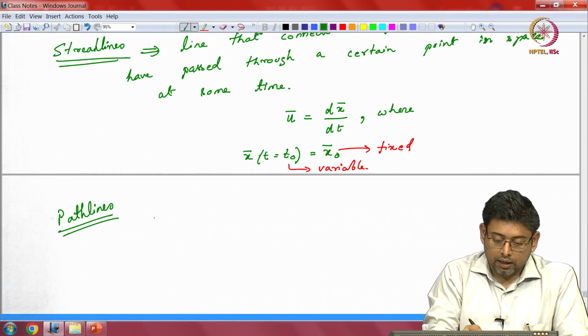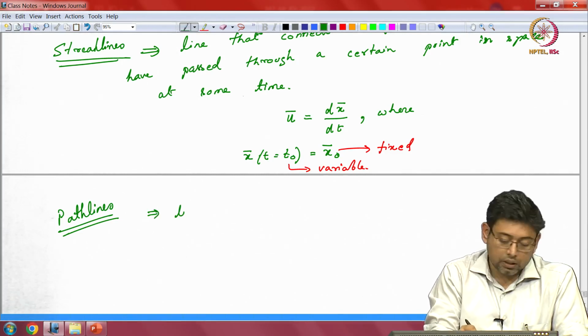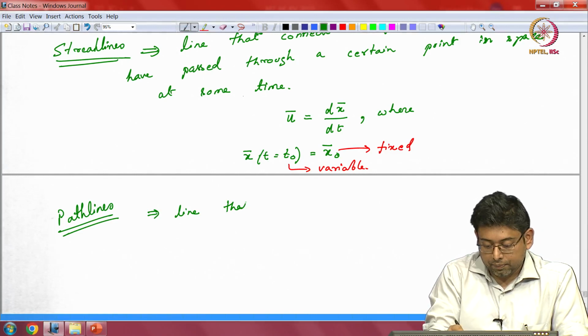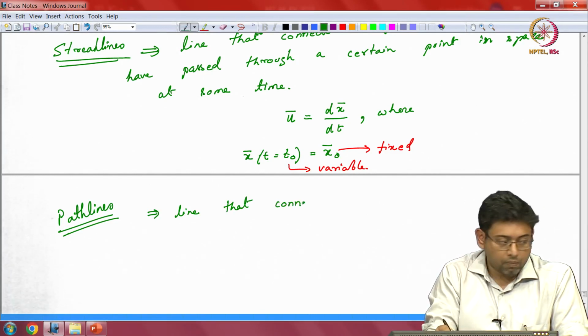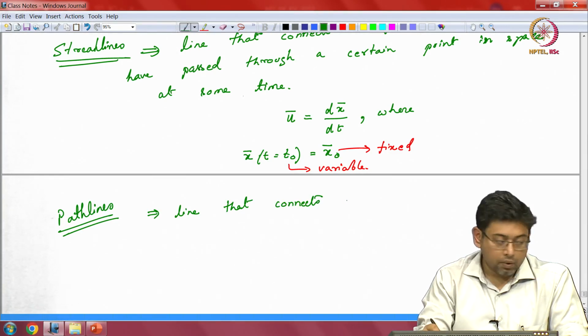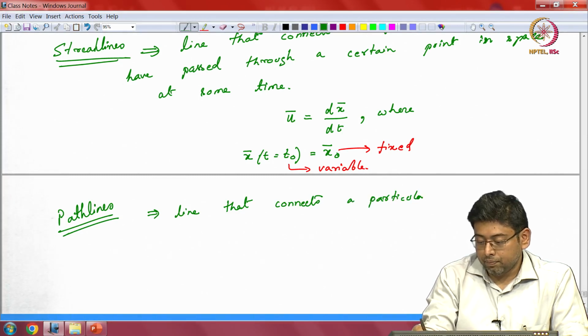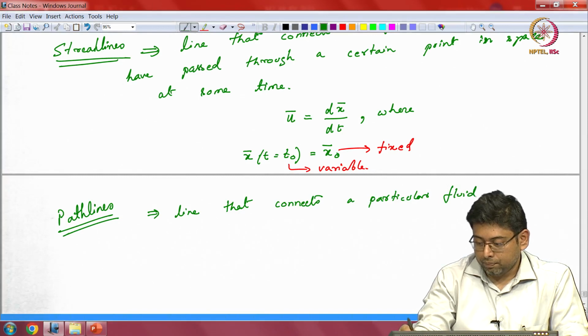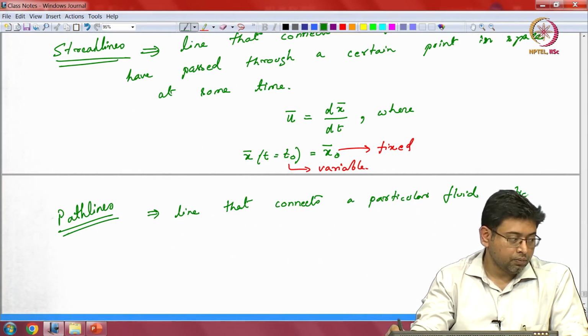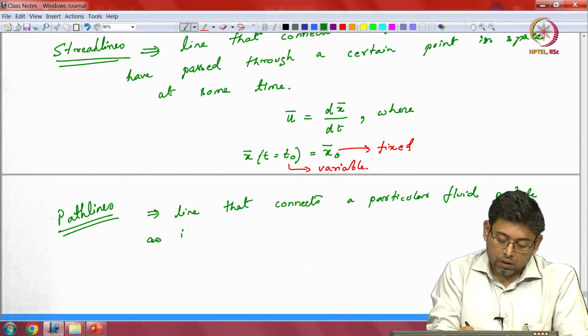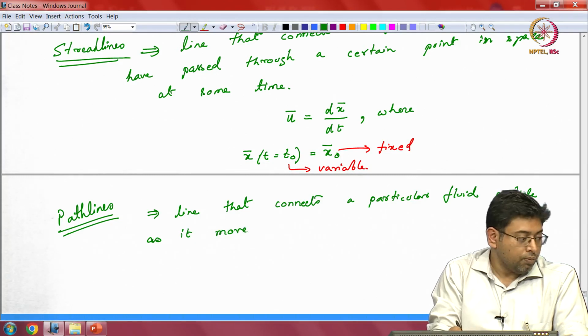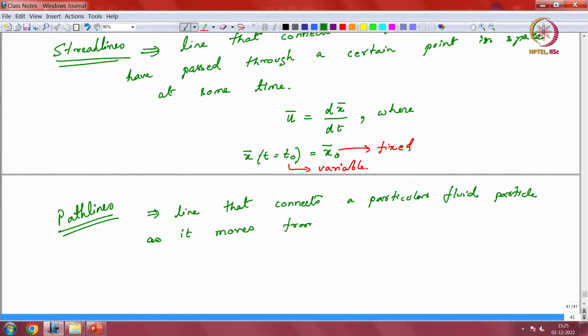So let's write down the definition for this. This is a line that connects a particular fluid particle as it moves from one point to another.